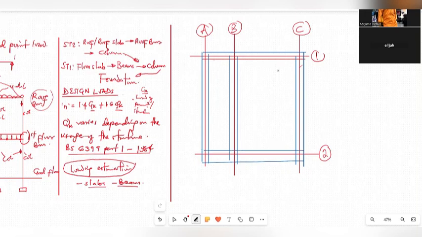Now, the red colors are grid lines basically, and the other color represents beams. The shaded part is the column.